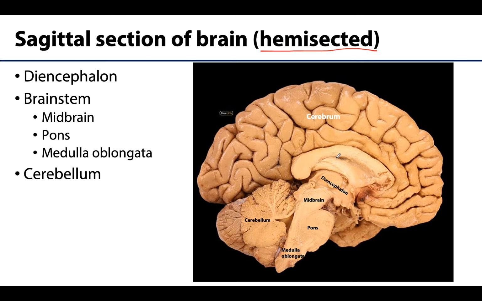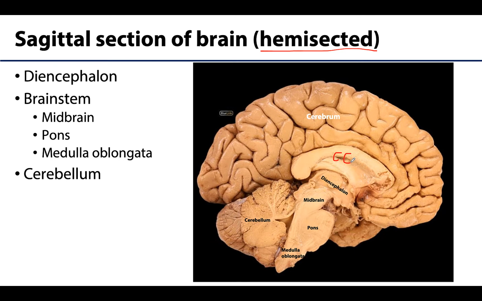So let's start up here first. You can see this large cerebral cortex, so some of those gyri that we talked about and the sulci associated with them. Also part of the cerebrum, you can see the corpus callosum, which is important in communication between the right and the left cerebral hemispheres.